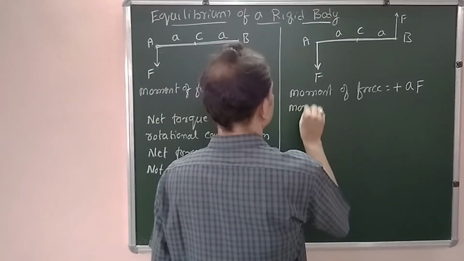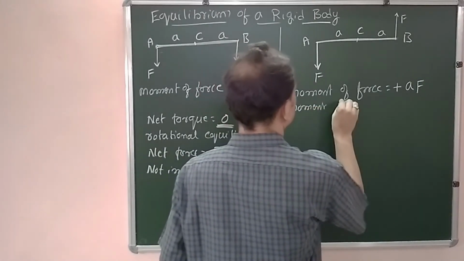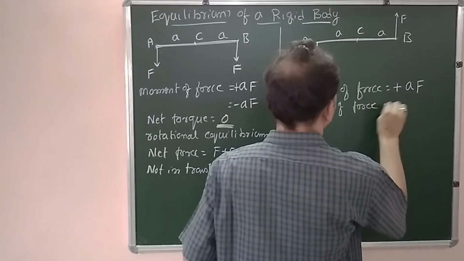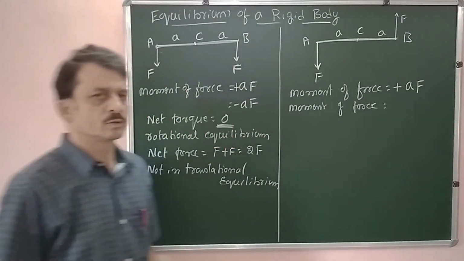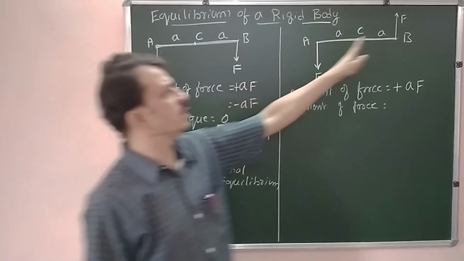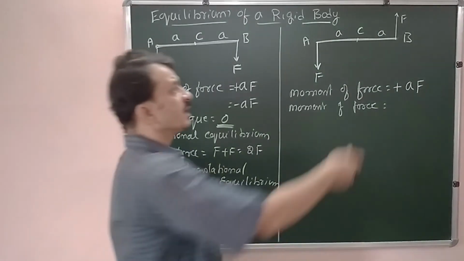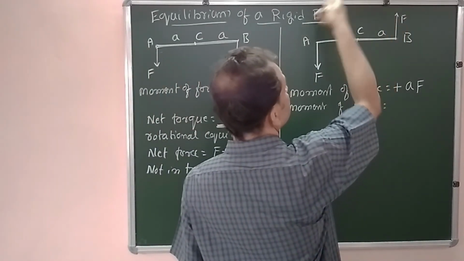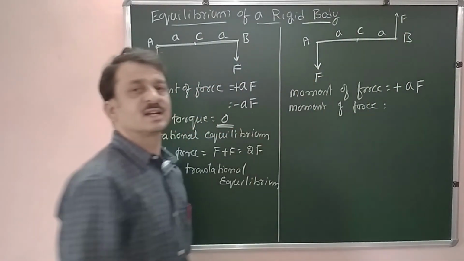Similarly, work out the moment of force due to the second force. Assume that there is no first force and only the second force is present. Then this second force is also going to rotate the rod in the same direction, that is anti-clockwise.